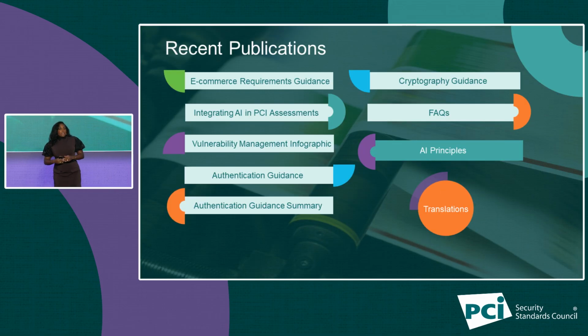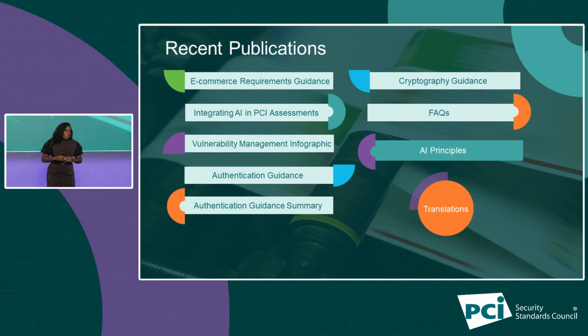We've recently published a variety of guidance documents. As Dan mentioned earlier today, we've had a record number of guidance materials published about e-commerce requirements in PCI DSS, so requirements 6.4.3 and 11.6.1. We've got integrating AI into assessment, so how assessors can incorporate artificial intelligence in their assessment process.